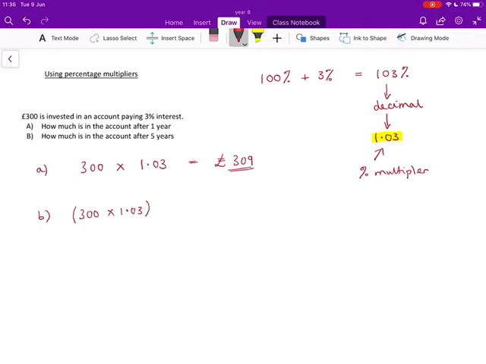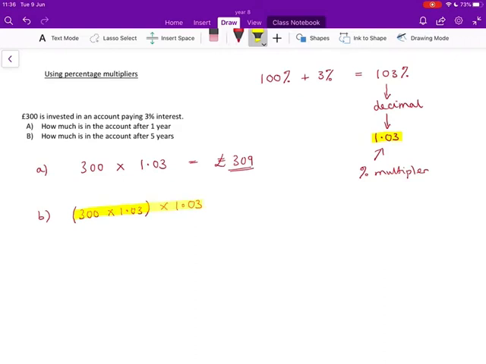So we're going to multiply what we had at the end of the first year by another 1.03. This is the amount that we've now got at the end of the second year.